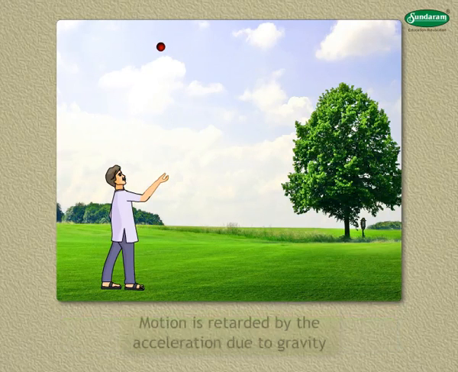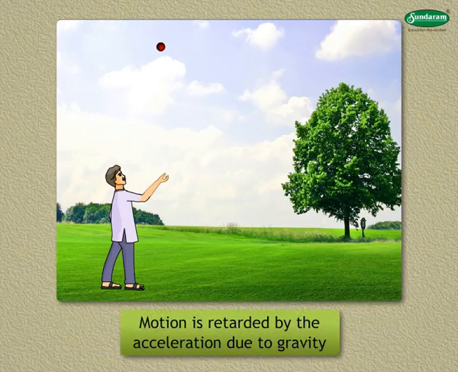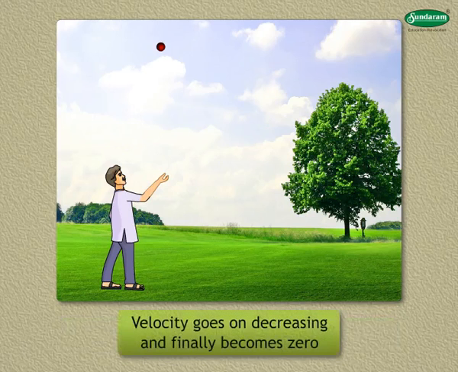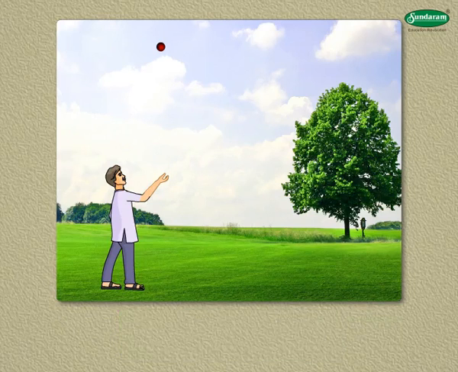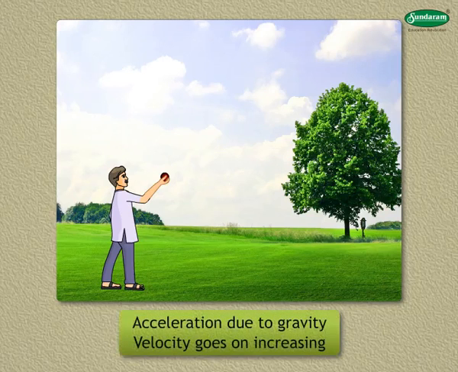That is, its motion is retarded by the acceleration due to gravity. Therefore, its velocity goes on decreasing and finally becomes zero at some height, after which the object begins to move vertically downwards under the effect of the acceleration due to gravity, due to which its velocity goes on increasing.